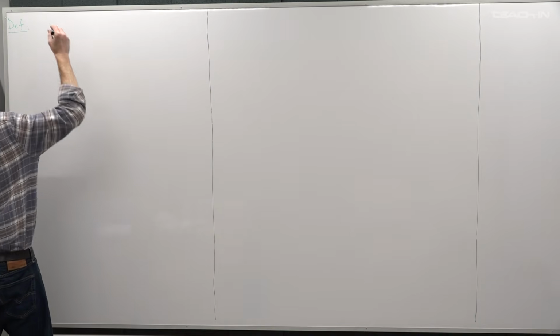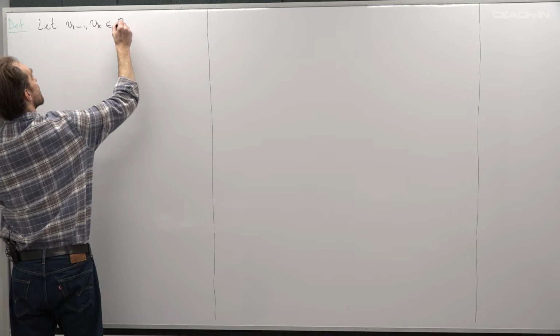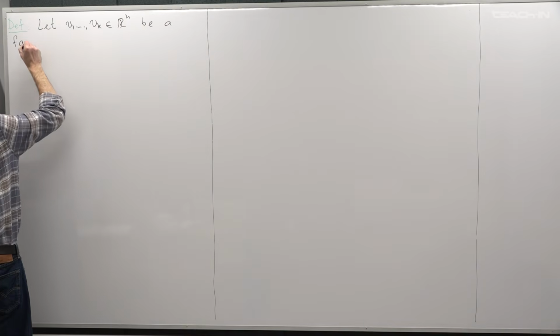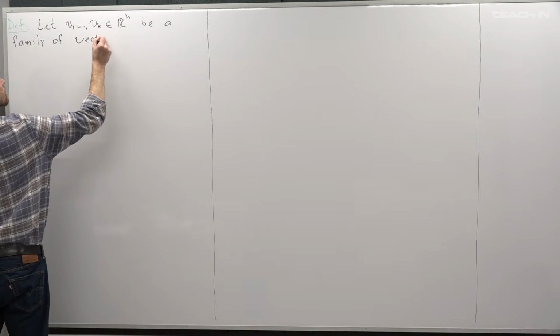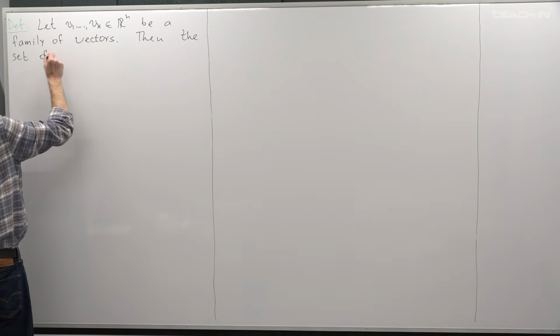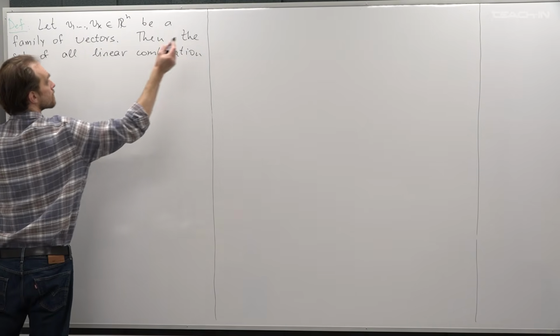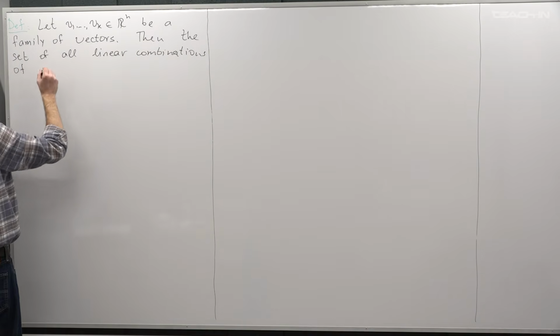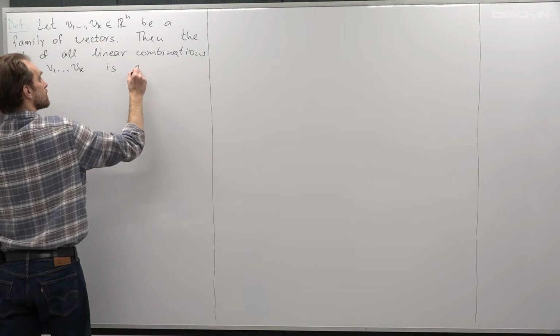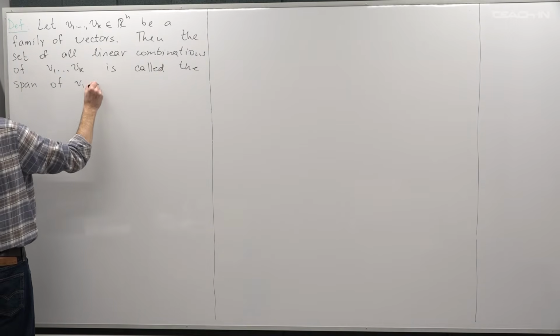One more definition. So let V1, etc., Vk be a family of vectors, then the set of all linear combinations of V1, etc., Vk is called the span of V1, etc., Vk.